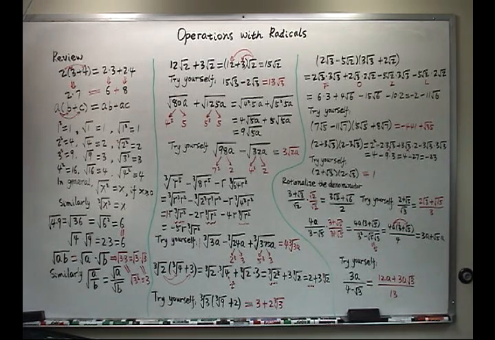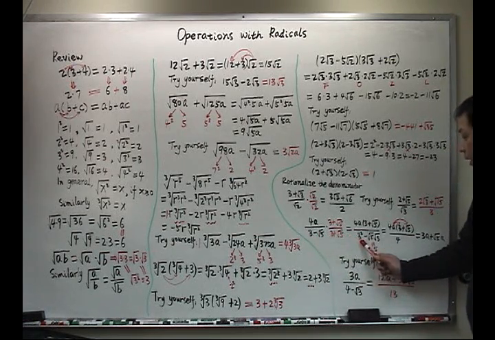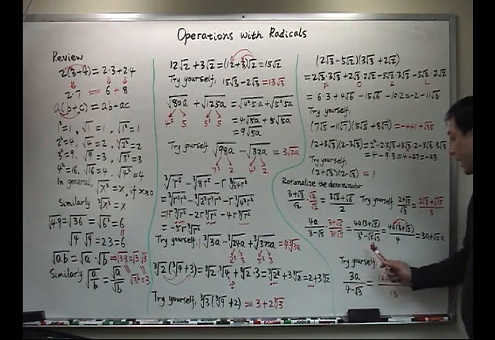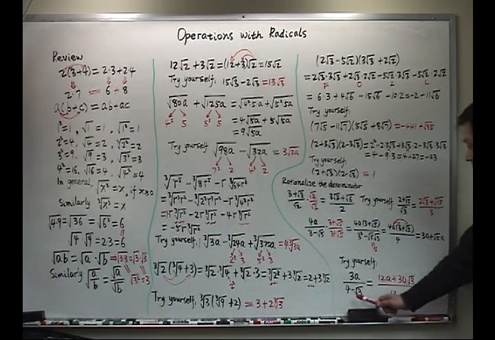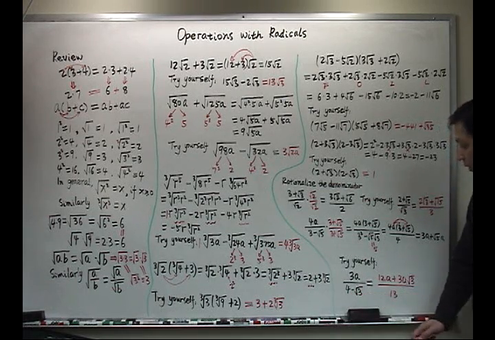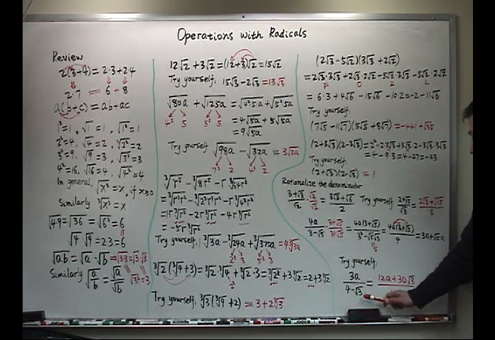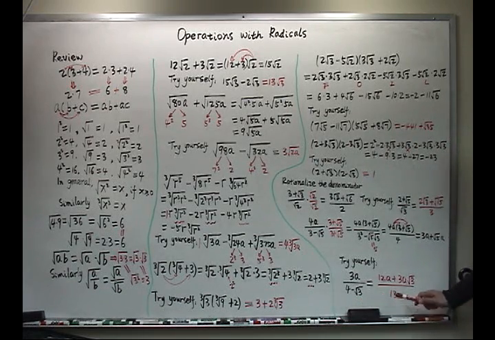For the denominator, (4 + √3)(4 − √3), you have 4 squared, which gives you 16. √3 times √3 gives you 3. So 16 minus 3 gives you 13.